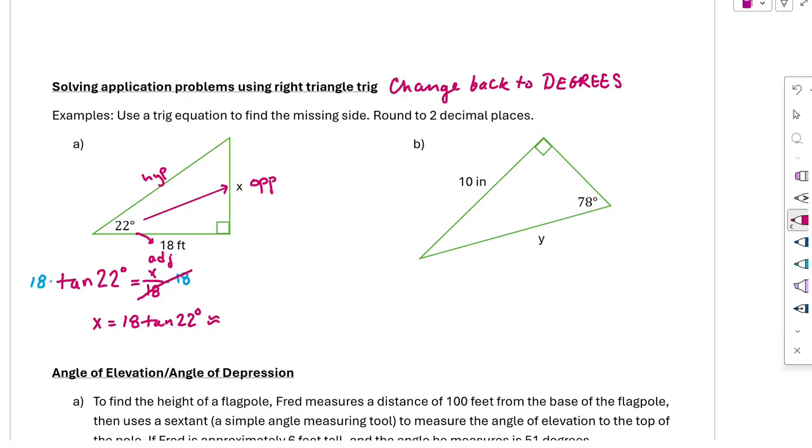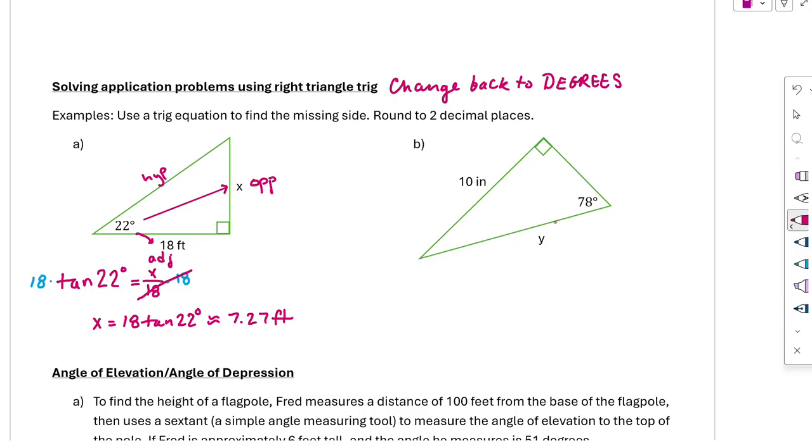Again, make sure you're in degrees. When I typed that in, I got about 7.27. And then remember, our answer would be in the same units as the original triangle, which would be feet. So 7.27 feet, because it says round to 2 decimal places. Sorry, I don't have a calculator emulator on my own computer, so hopefully typing that in is pretty straightforward for you.